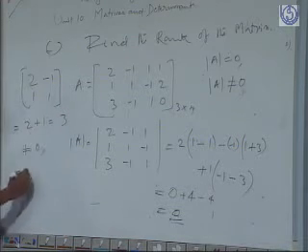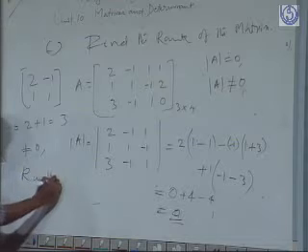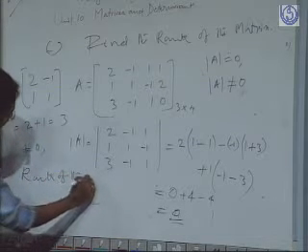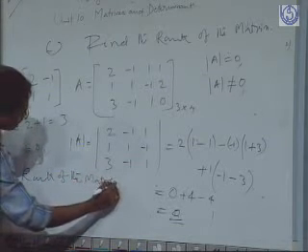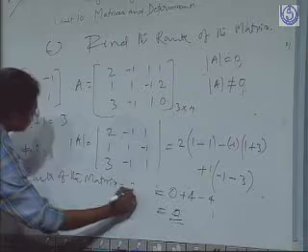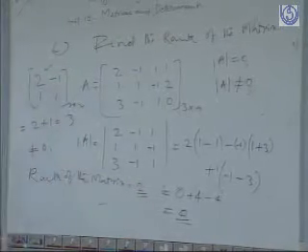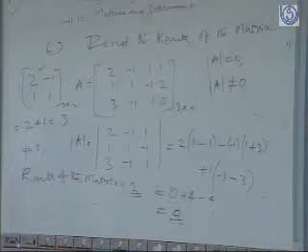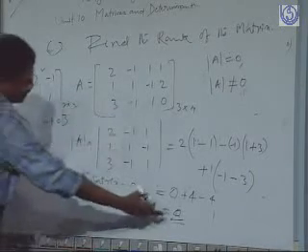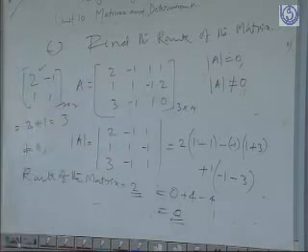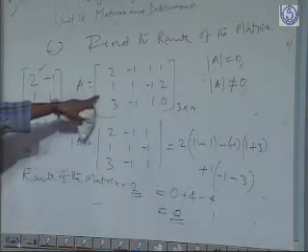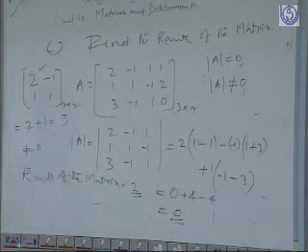Then we will say the rank of the matrix is equal to 2. It is a 2 by 2 order matrix, that's why we are calling the rank of the matrix 2. But in the 3 by 3 matrix it is coming 0, so the rank of this matrix is not equal to 3. So the rank of the matrix is equal to 2.